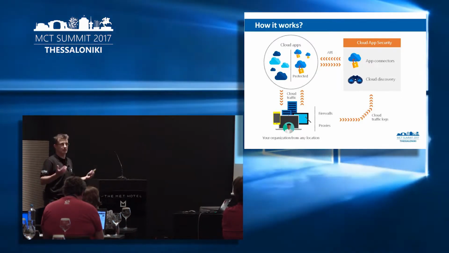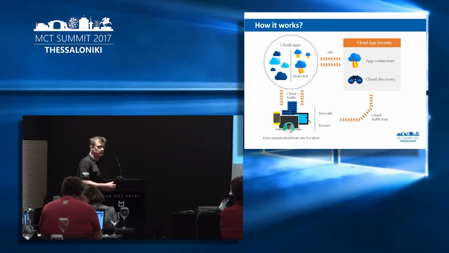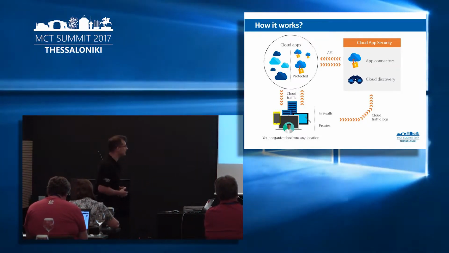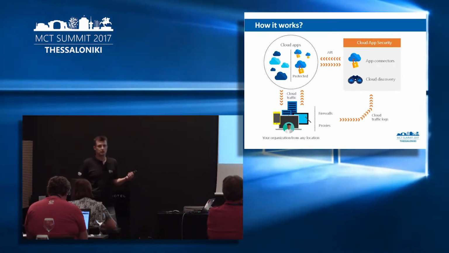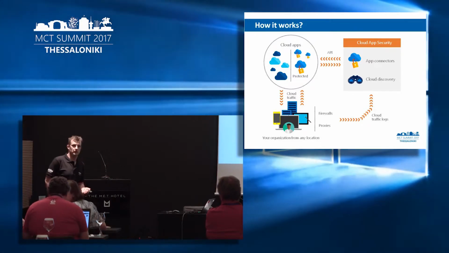Agent means a virtual machine, an appliance that you download and install. It's an Ubuntu Linux machine that can collect logs from the various appliances that you have and upload them to Cloud App Security. Or you can download the usage data using APIs.